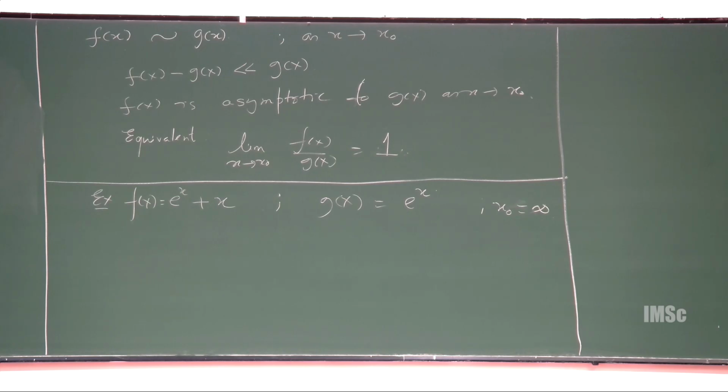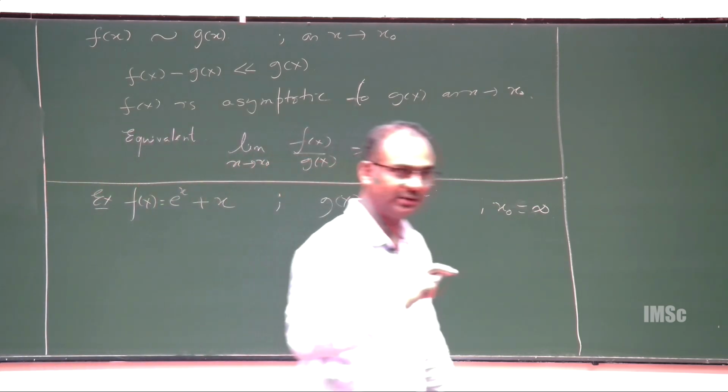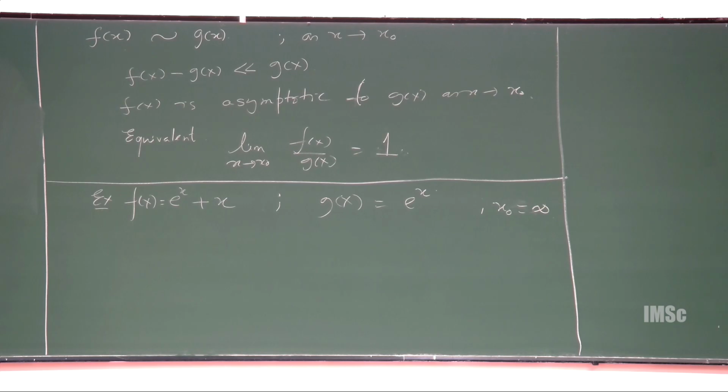But note that being asymptotic to each other does not mean that they are approximately the same, because the difference between the two is x, right? And the difference goes to infinity as x goes to infinity. So even while I am saying the two functions are asymptotic to each other as x goes to infinity, it does not mean that they are approximately equal, because the difference between them is infinite.